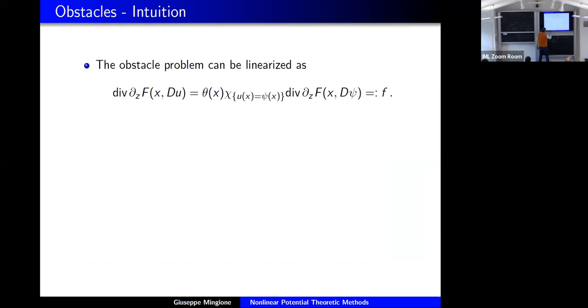Because the obstacle problems can be written in the following way. So this is totally standard in the case of the Laplacian. You can do it by hand. In the nonlinear case, it takes a bit more difficulty. You need the Riesz representation theorem because it's nonlinear. But you can turn an obstacle problem into the divergence of this guy. And this is a function which is supported on the contact set.